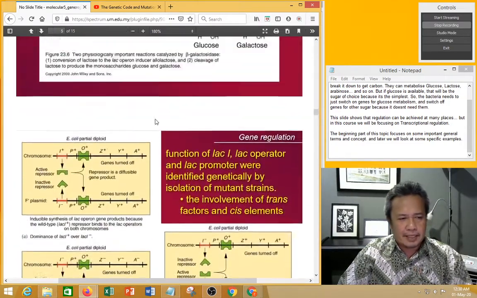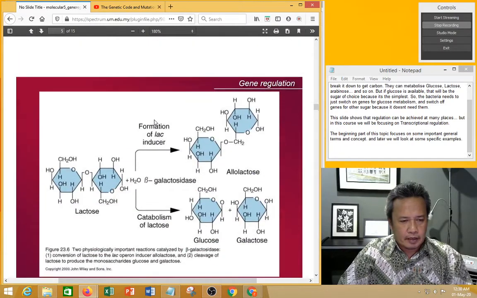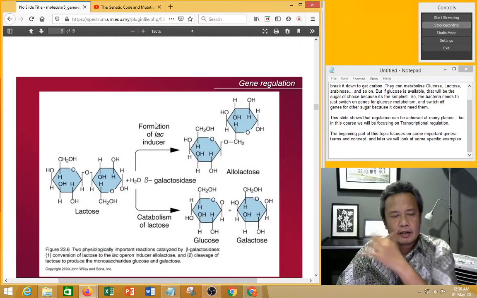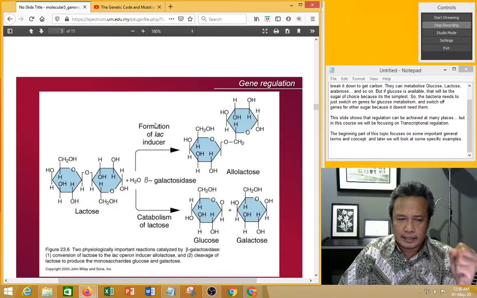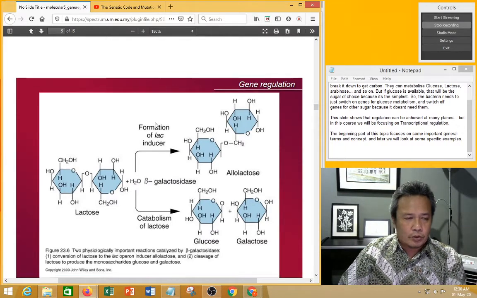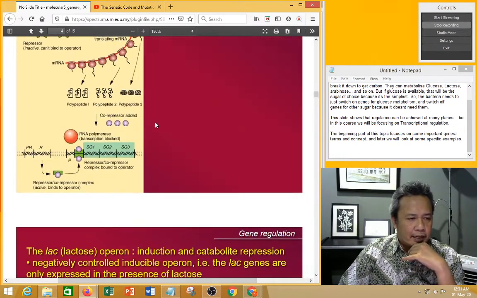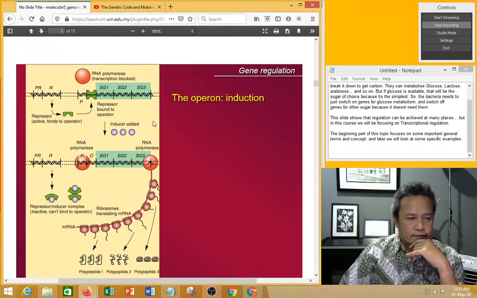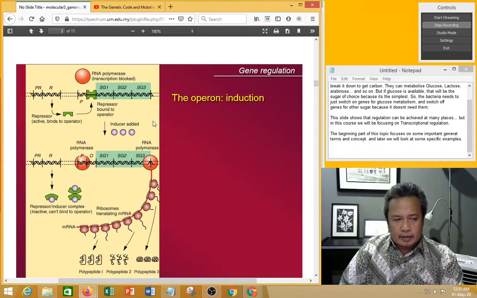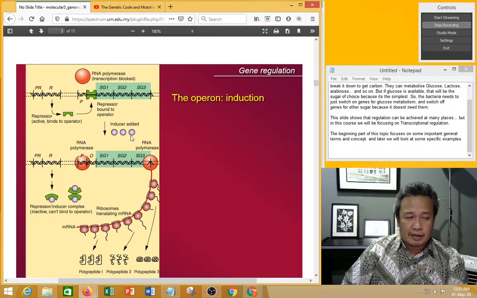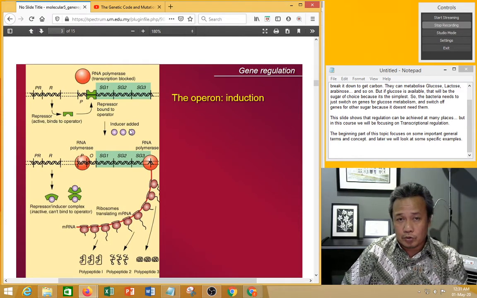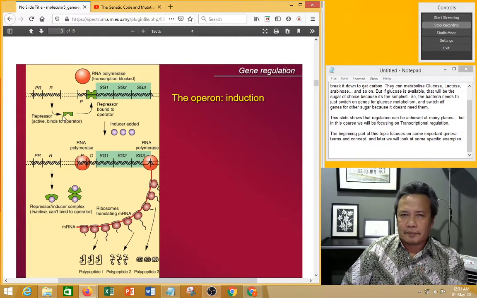Okay, but basically how it works, you have the allolactose as an inducer. Remember this name, allolactose. You have the lac repressor. So let's just use this and see if it applies here. So you can imagine if that is the allolactose, this is the lac repressor molecule.